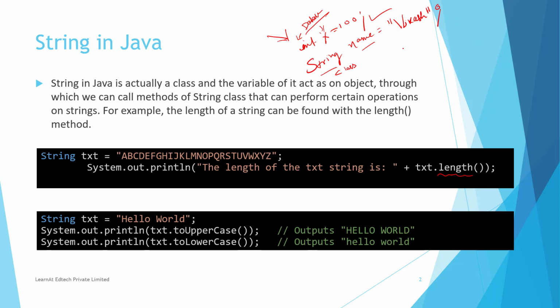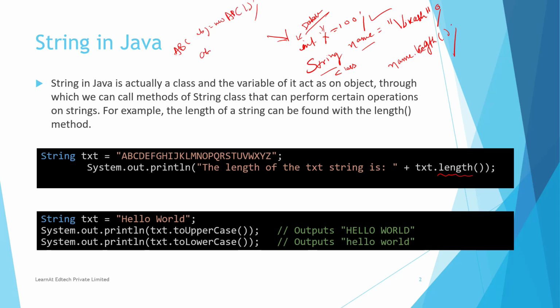So string is a class in Java. If I want to count how many letters are there in the string, I can just use name dot length. You see what happened. Earlier we have seen we create an object of the class, like ABC is the class name, obj equals new ABC.